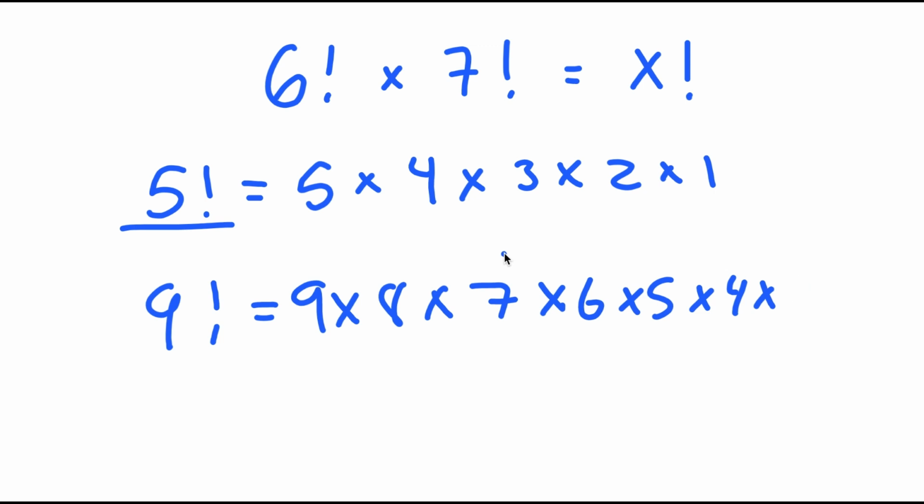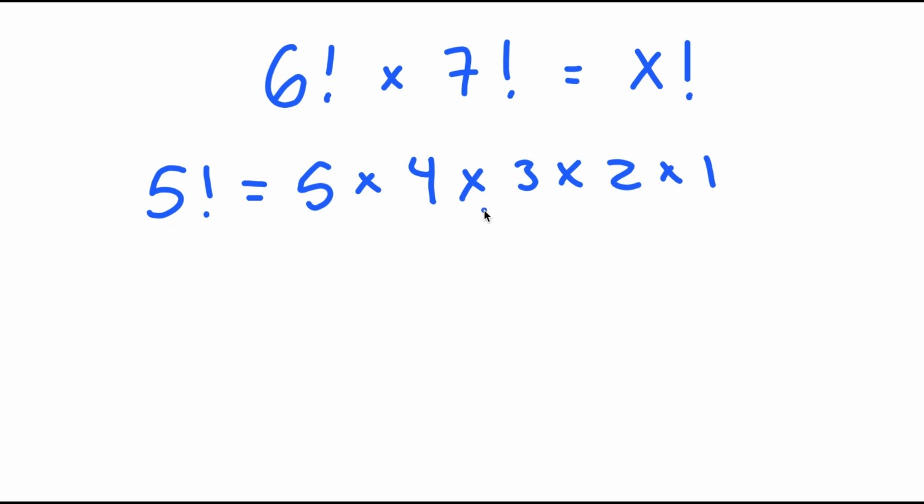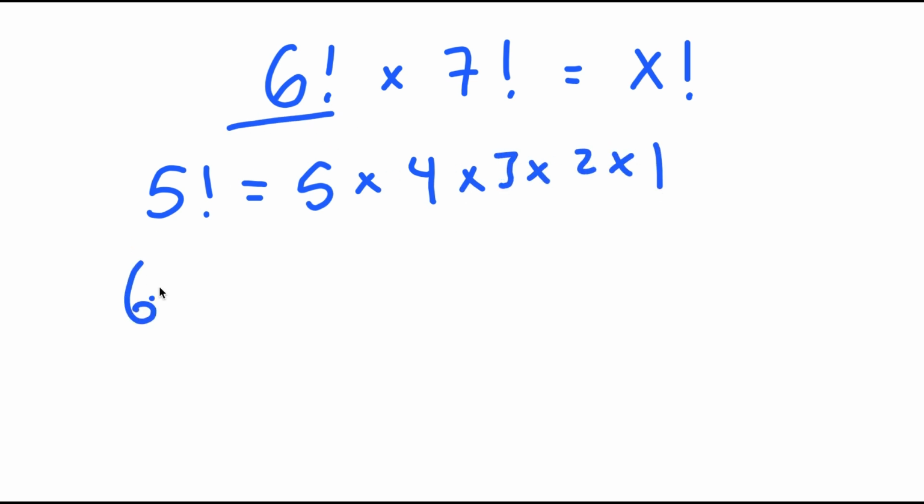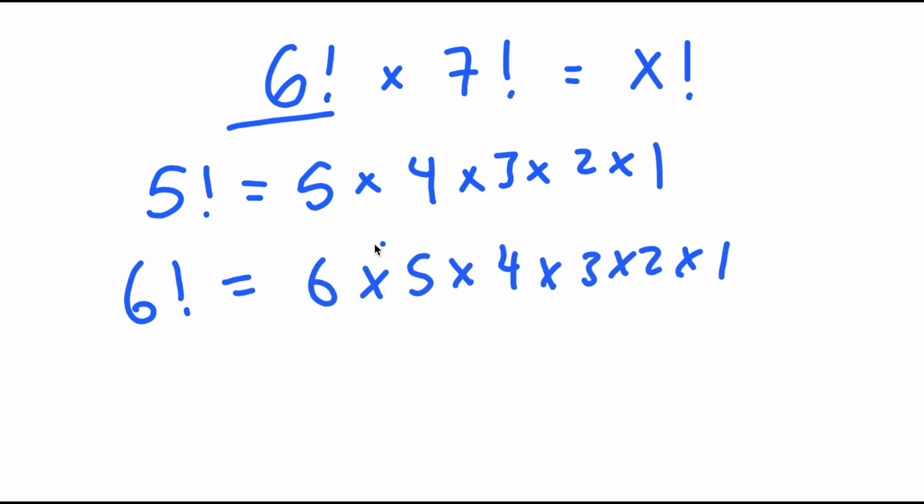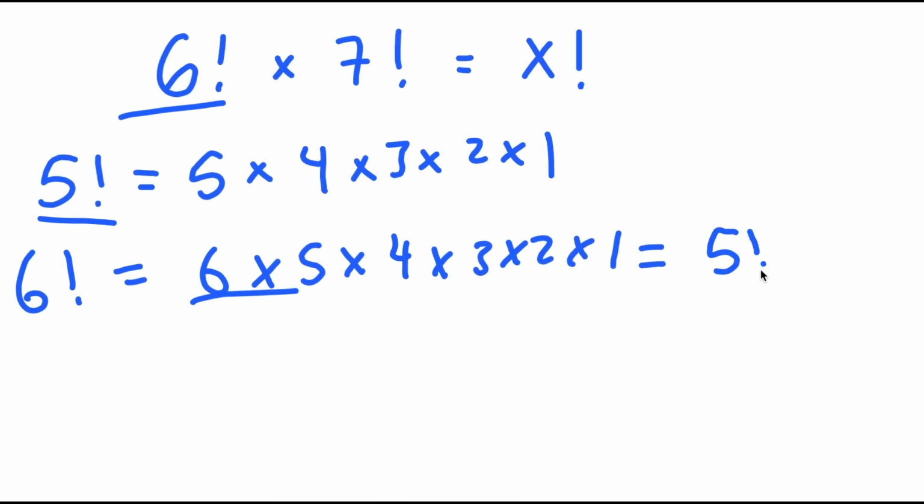So now that we know that, 6 factorial over here is equal to 6 times 5 times 4 times 3 times 2 times 1. Well, if you know this, this is really similar to 5 factorial, except that it has a times 6, meaning 6 factorial is also equal to 5 factorial times 6.